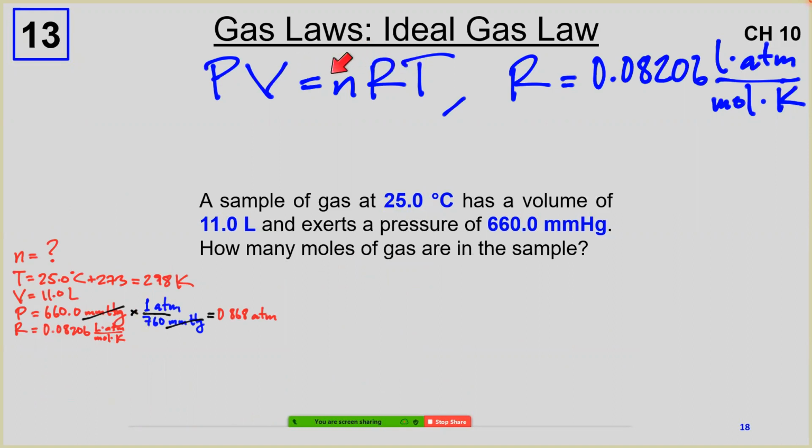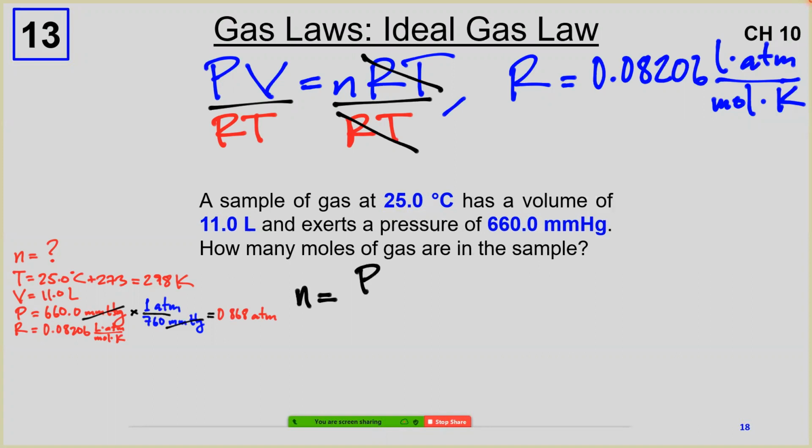And what we're trying to do is solve for N. We're going to isolate N by itself. So we can divide both sides by RT. RT would cancel on this side. So now we've isolated N by itself. So N equals P times V divided by RT.